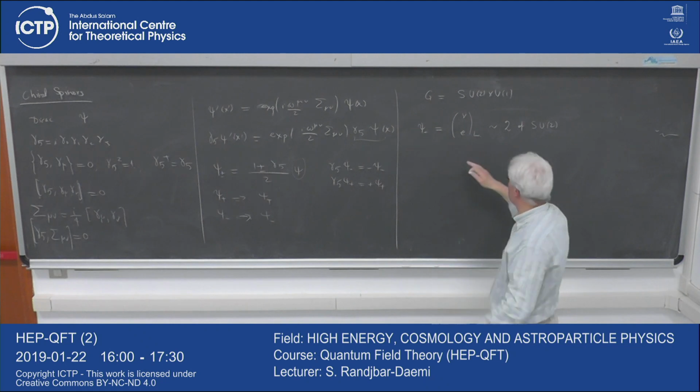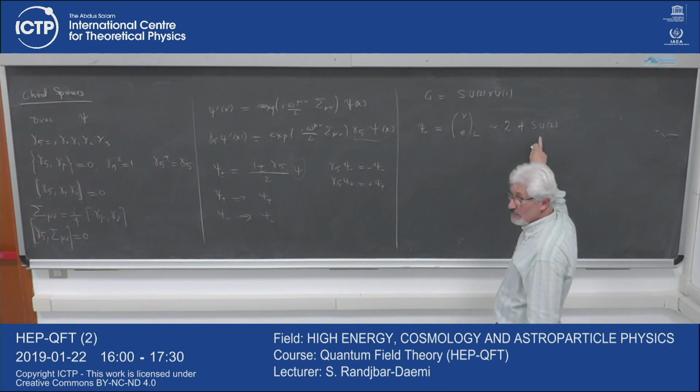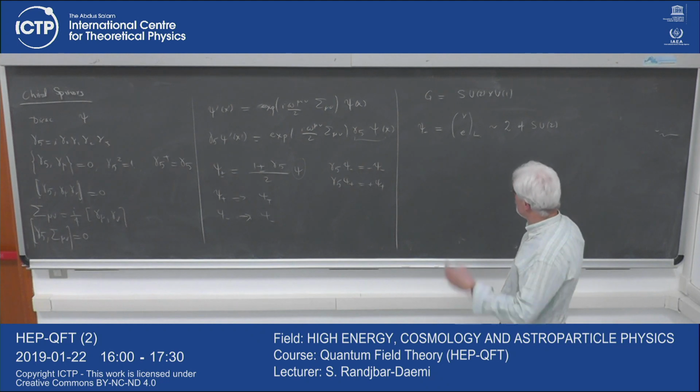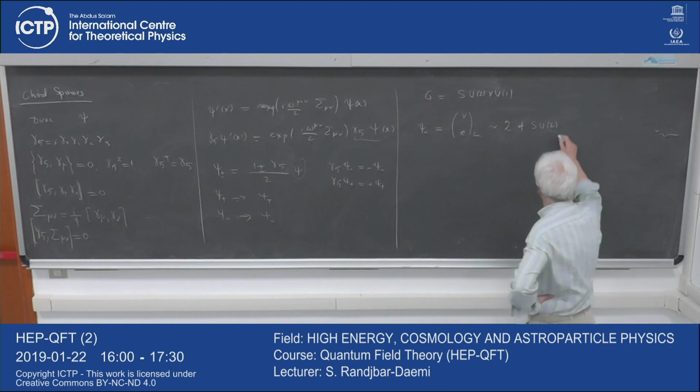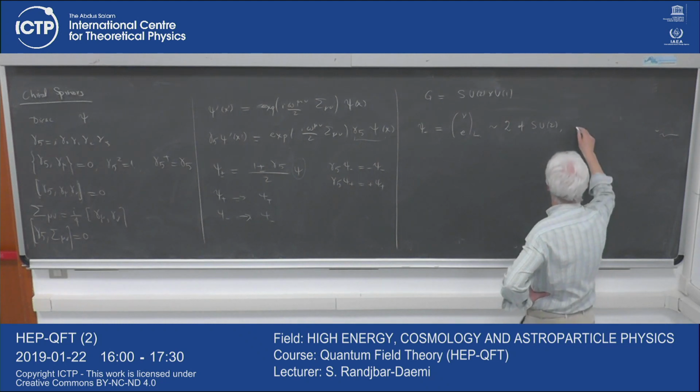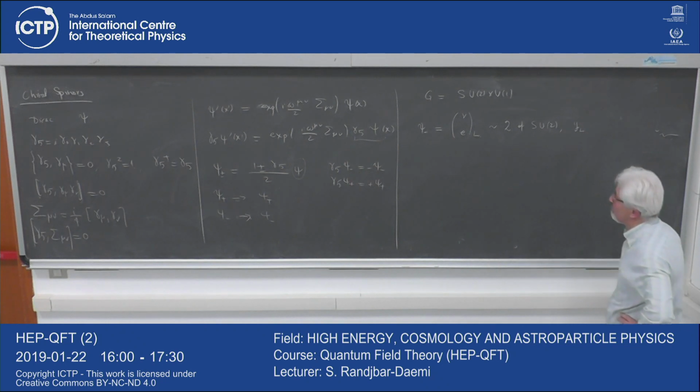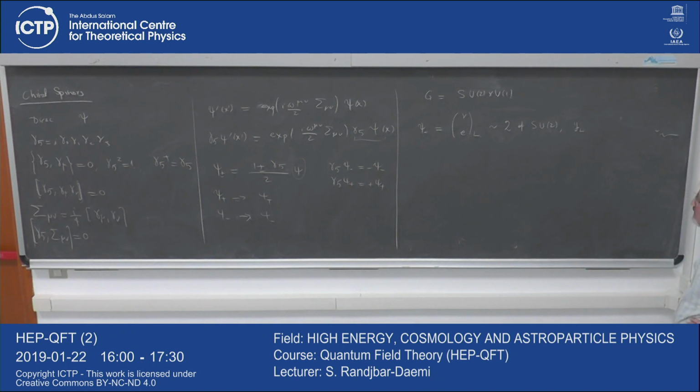So we have put them into the doublet of this gauge group SU2. Okay? They can also carry a U1 charge. So we will call the U1 charge of it YL. We will come back to it later on.